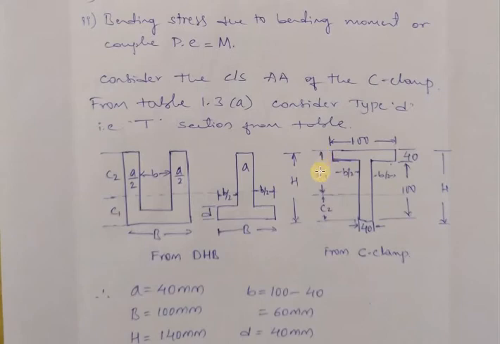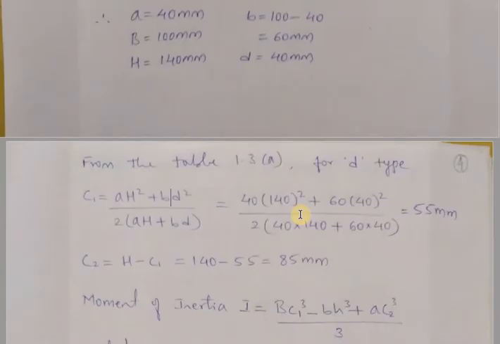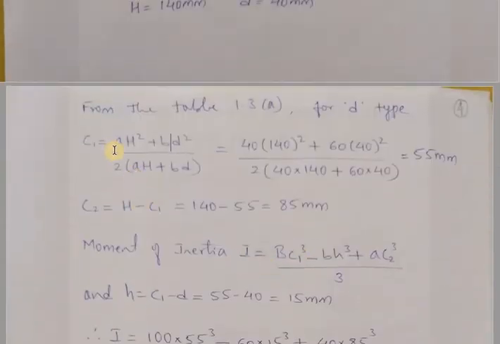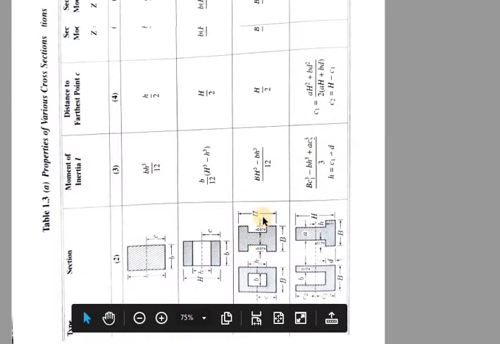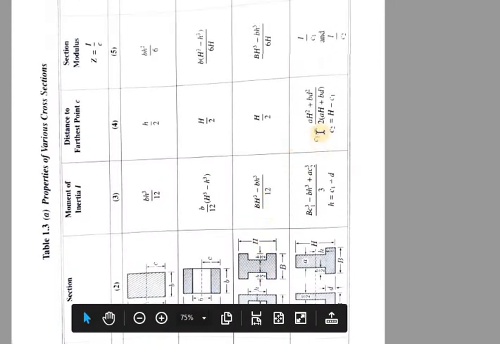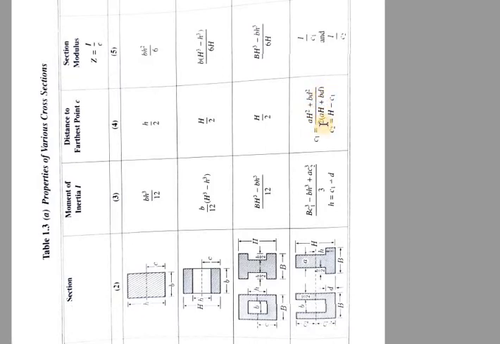C1 is given by C1 equals A H square plus B D square divided by 2 into A H plus B D, whereas C2 is equal to H minus C1.